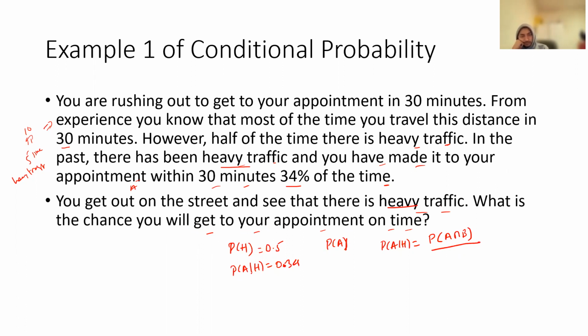So this is given, P(H) is given. We need to find this part. Given that you're out on the street and see that there is heavy traffic, P(A intersection H) is 0.34 times 0.5. This will be your answer.